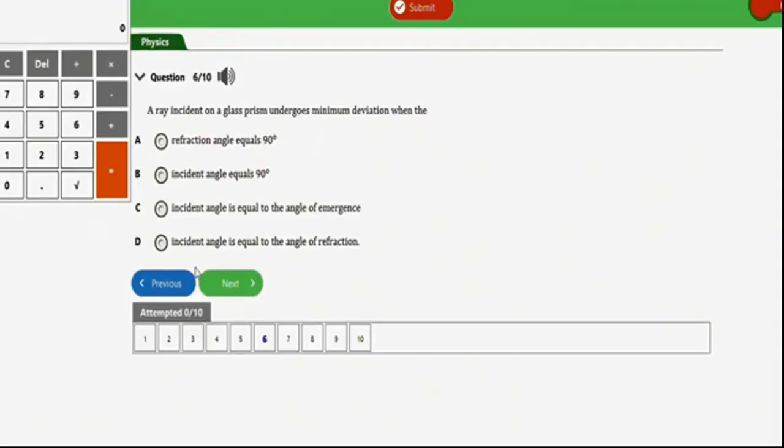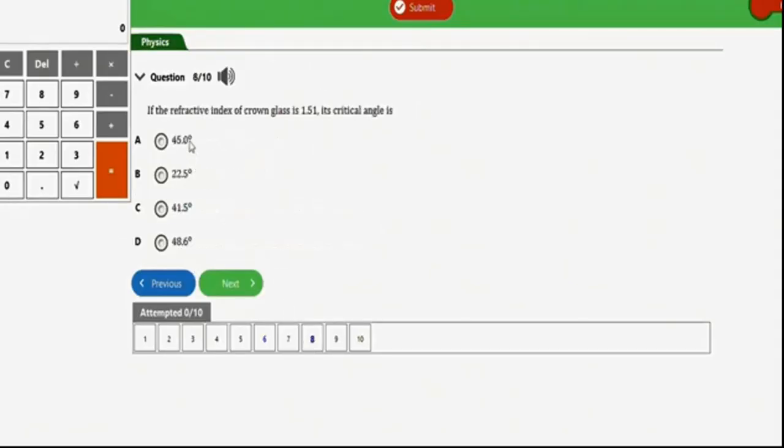Let's go to the next repeated question, which is this question. It says if the refractive index of ground glass is this value, its critical angle is. So guys, for this question, I think we have solved this question before, of which we got 41.8 basically.